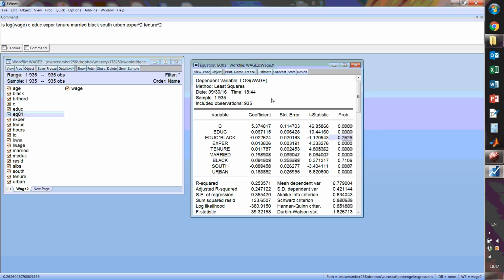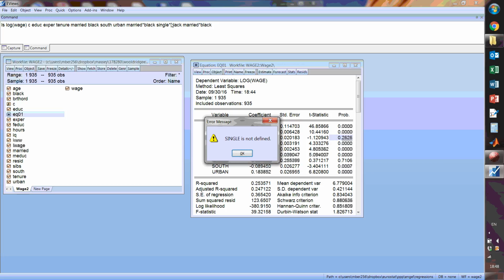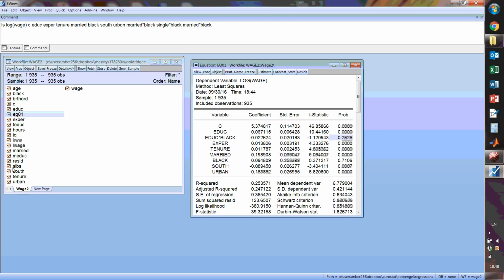Okay, so I'm going to add these into the regression. I'll create a new one and leave this as it is. You could create new variables first, which might be easier, but you can just type it in directly, like I am doing now. Married times black. Single times black, oops, single is not defined.